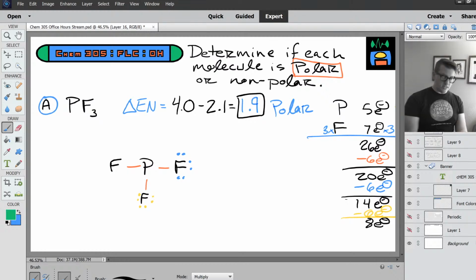And then finally, our last fluorine needs 1, 2, 3, 4, 5, and 6. Leaving us with 2. And the cool thing is, all of our fluorines have full octets right now. Phosphorus does not. So we can give our last 2 electrons to phosphorus. And that is that. All right.